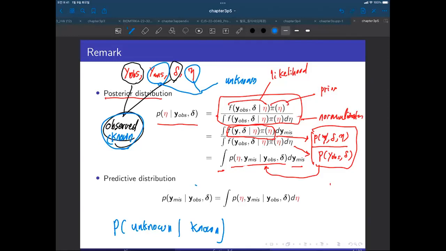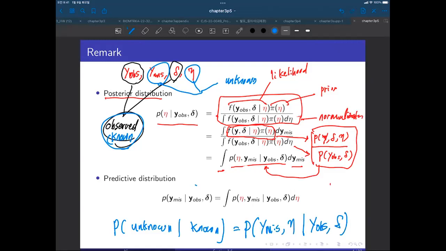So we have different names. If you are interested in focusing on the eta parameter, we call it the posterior distribution. If we are interested in the missing data itself, we call it the predictive distribution. So combining the two, this is just y miss and eta given y obs and delta, right?